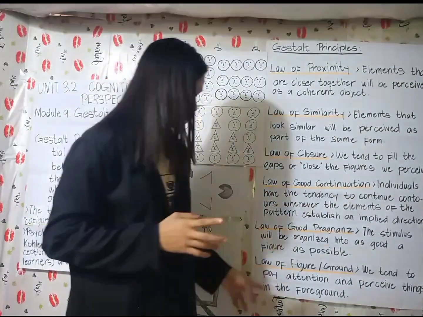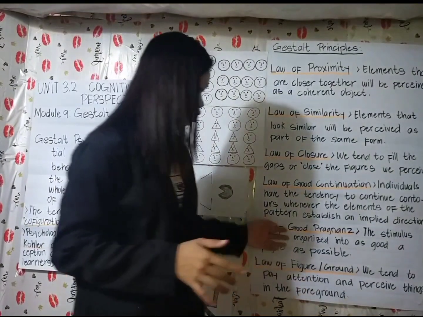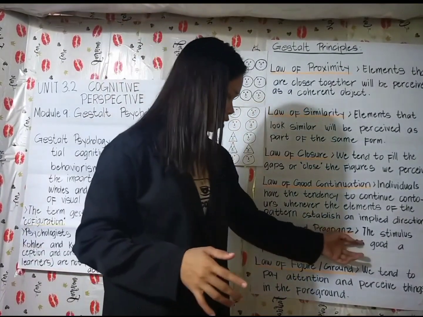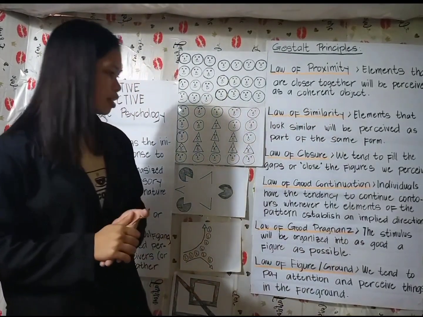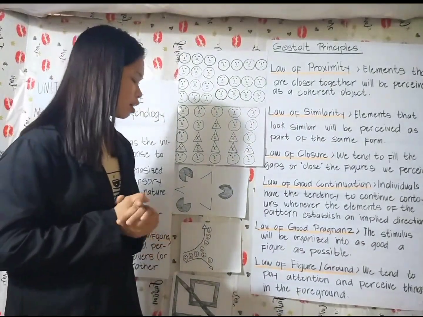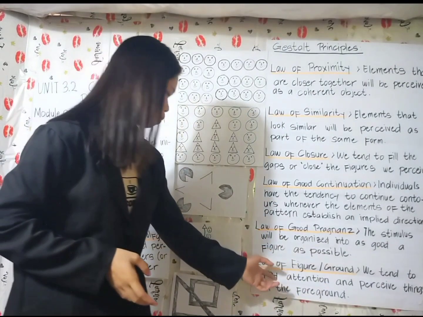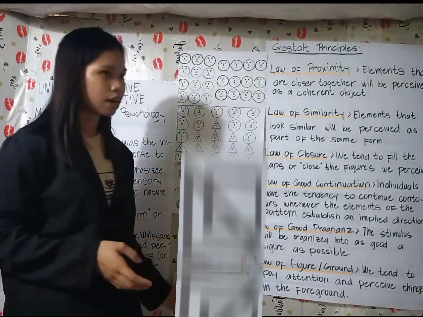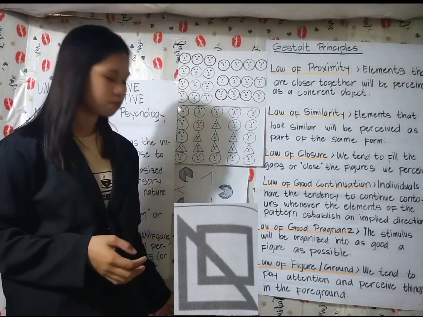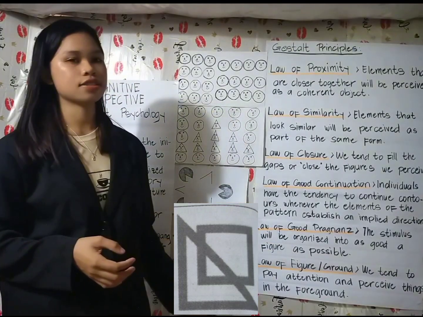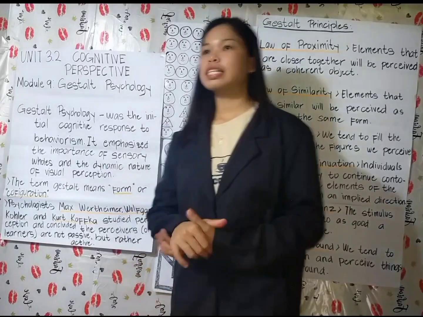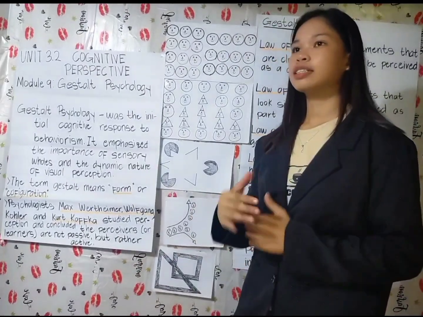So let's proceed to the law of good pregnancy. The stimulus will be organized into as good a figure as possible. This is an example of the law of good pregnancy. What is the application of this law?